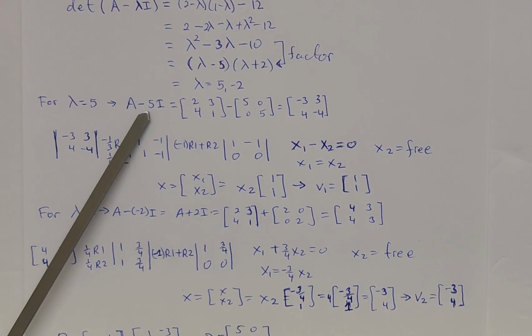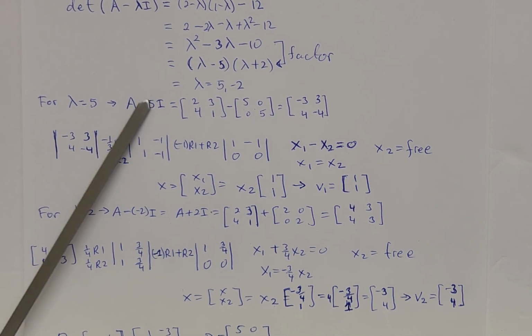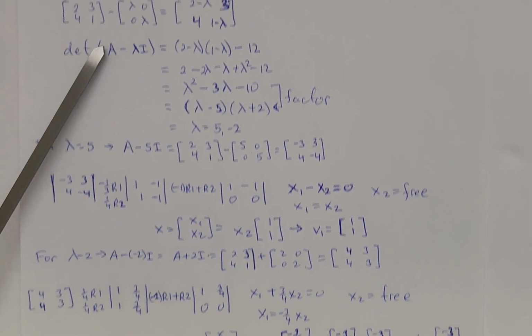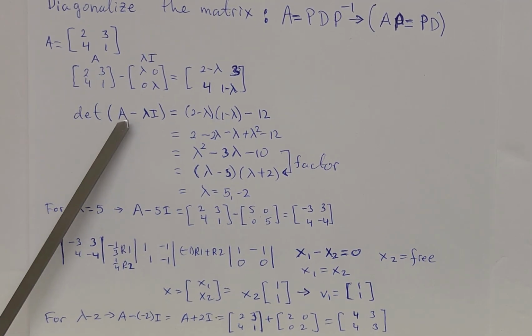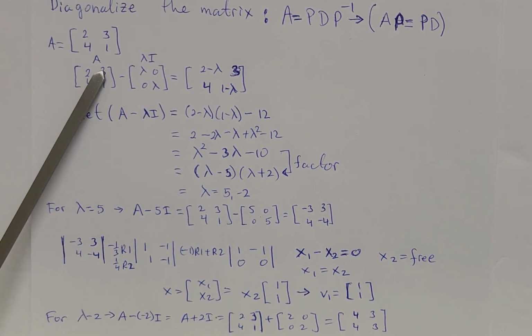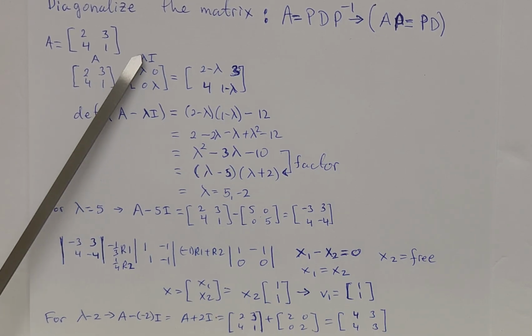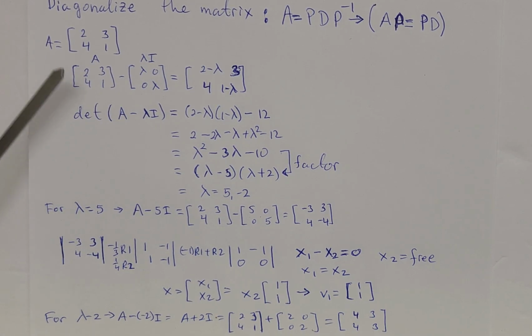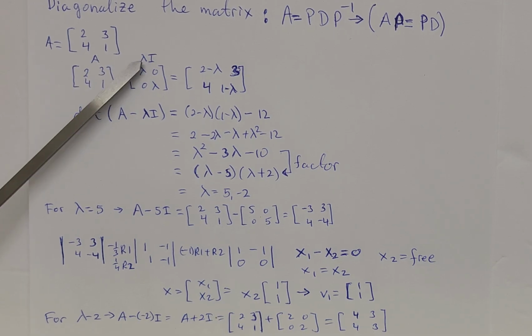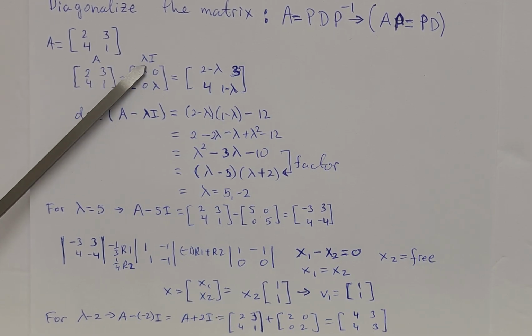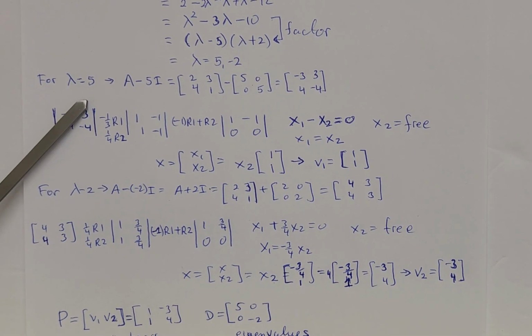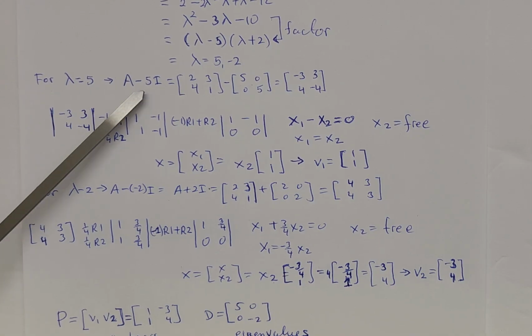So instead of lambda up here, as you can see right here where it says A minus lambda I, you put the 5 in. So I have here A minus 5I.